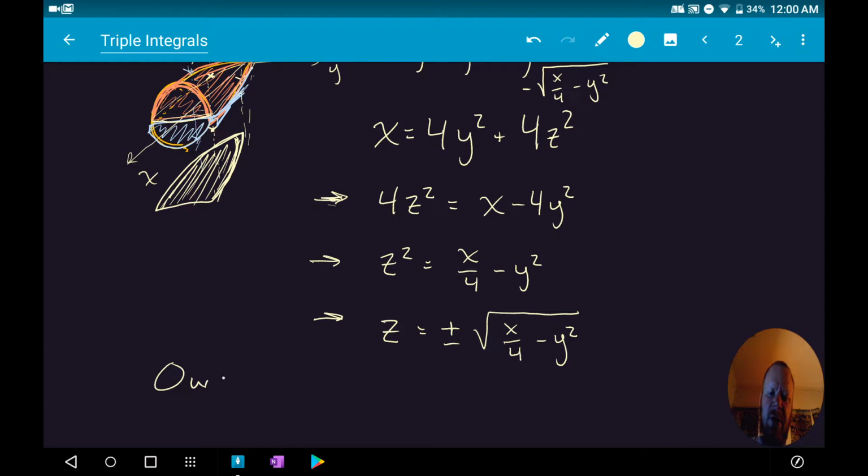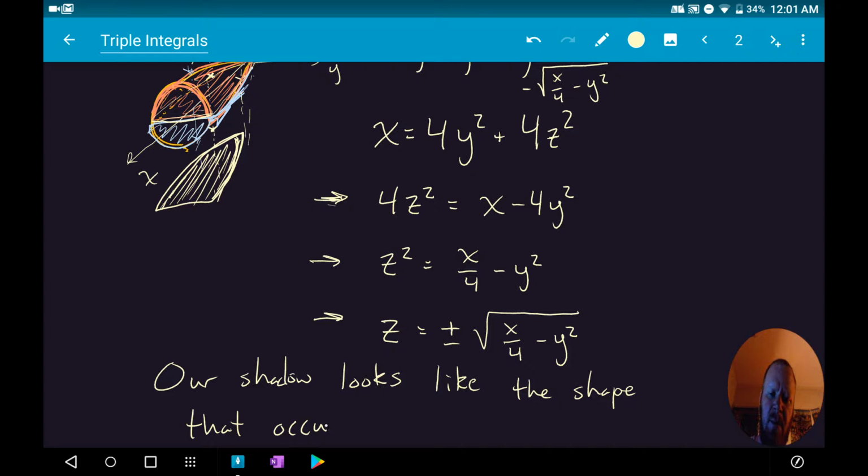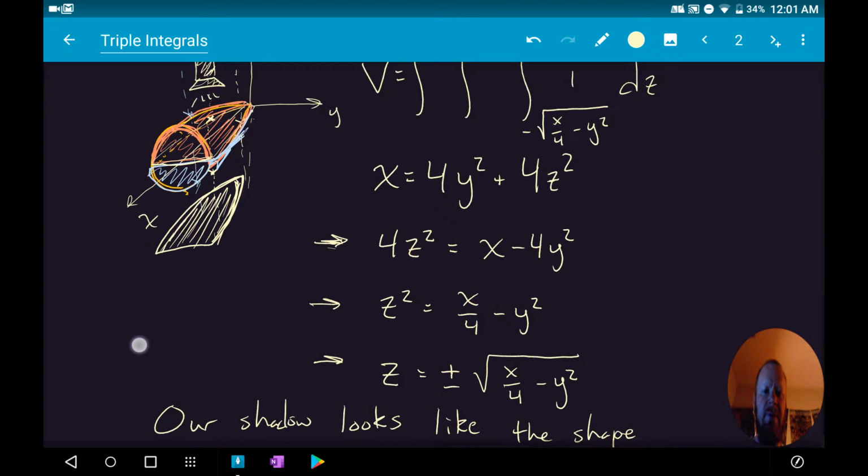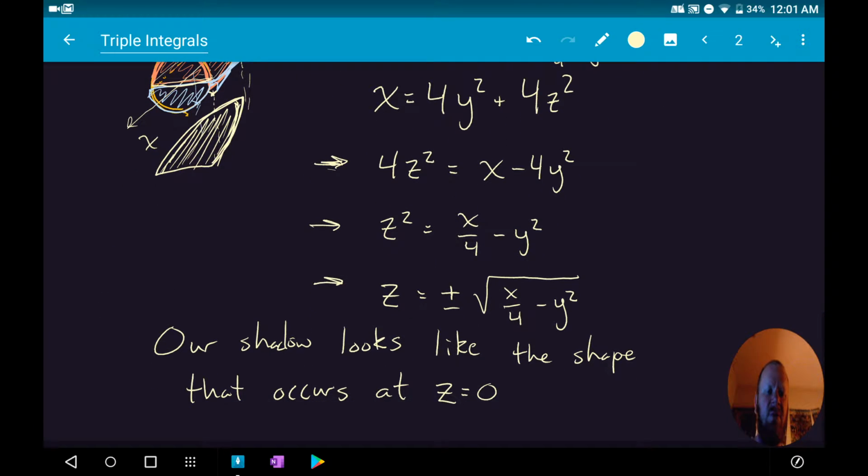We can say our shadow looks like the shape that occurs at z equals 0. And that'll often be the case where if we want to figure out what the shadow looks like, we just need to set that interior integral value to a particular value.